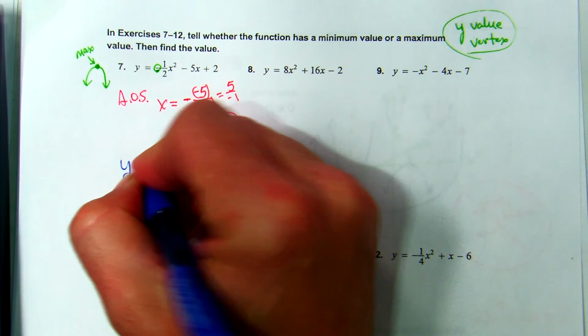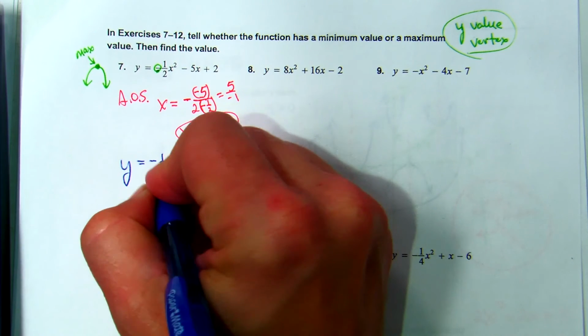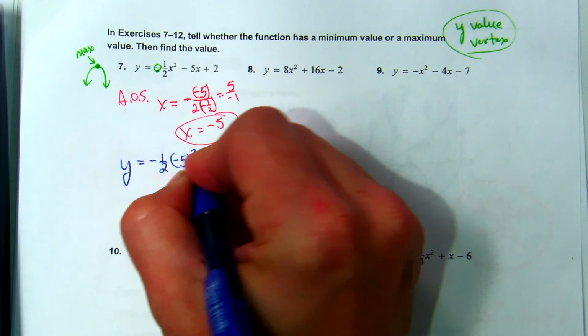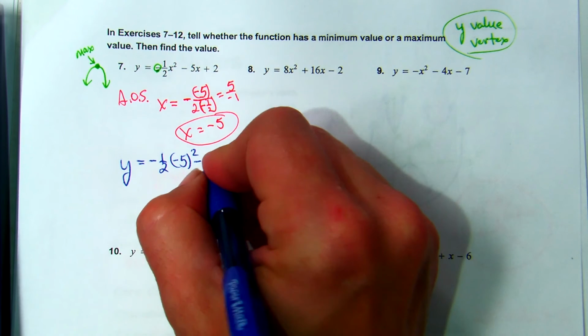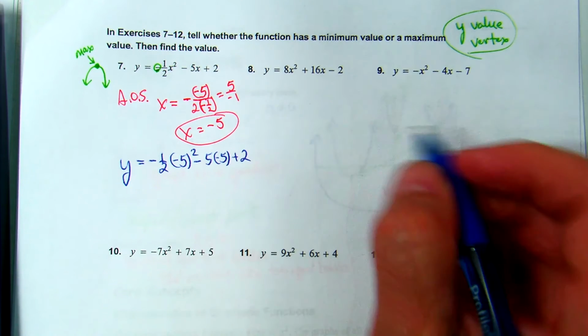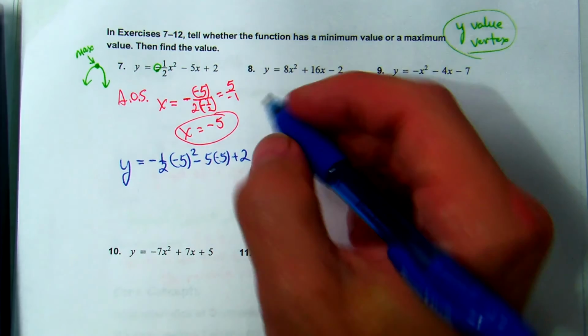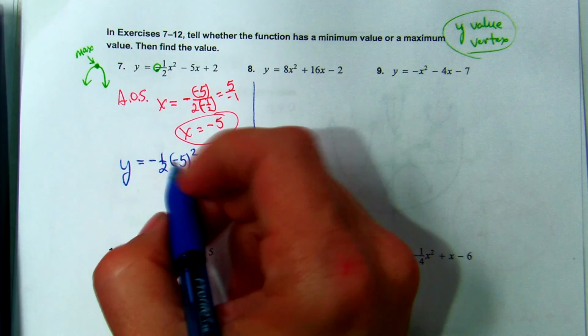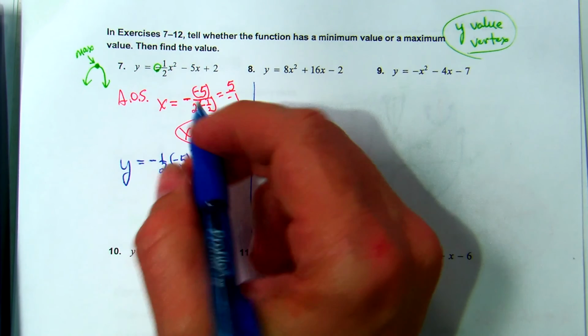Y is going to equal negative 1/2 times negative 5 squared, minus 5 times negative 5, plus 2. We'll draw a little line here to separate these, make sure we don't overlap. We've got negative 5 squared, which is 25.